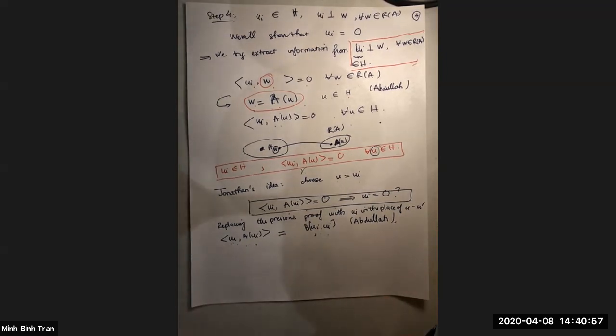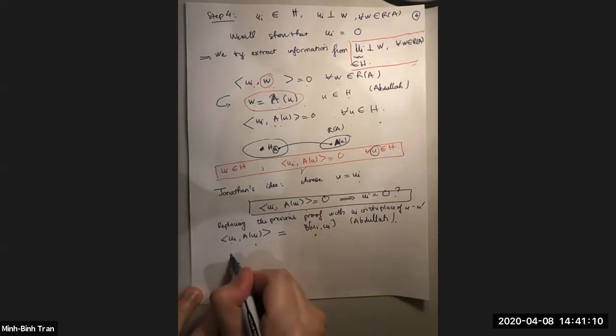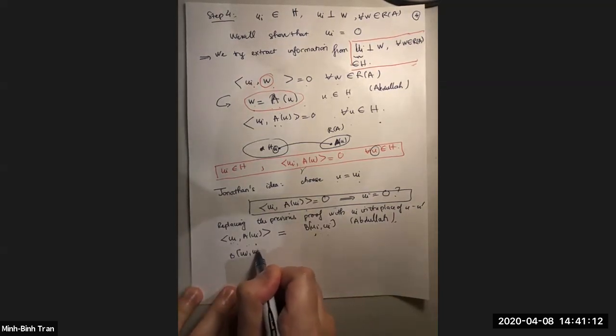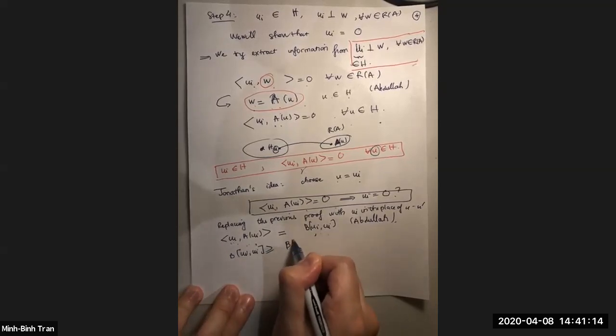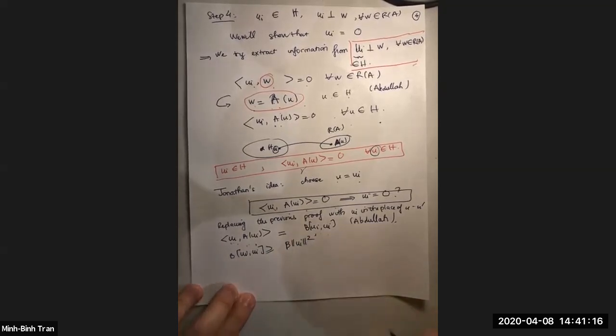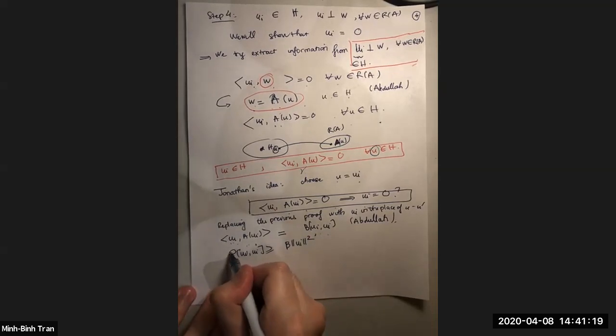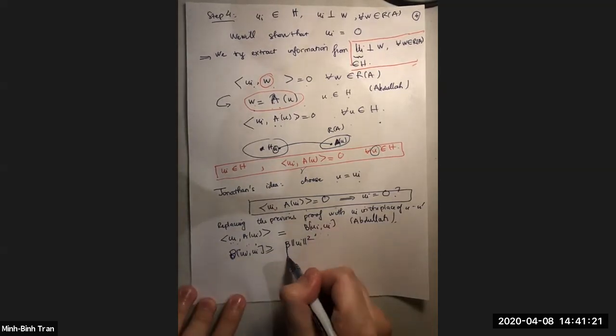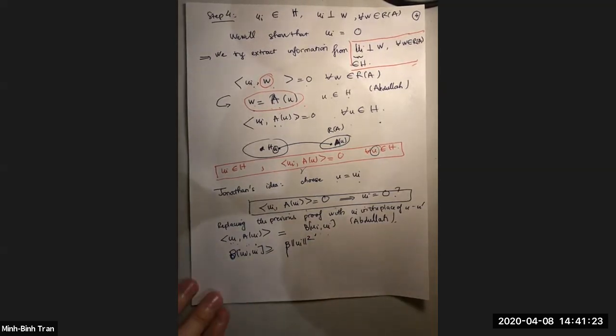So what is the next step? So in the previous proof, what did we use? We used coercivity, right? So Abdullah is correct. You use coercivity. So this is going to be B(u_i, u_i) bigger than beta ||u_i||^2, right? So this is the big B, and this is beta. So I explain again.